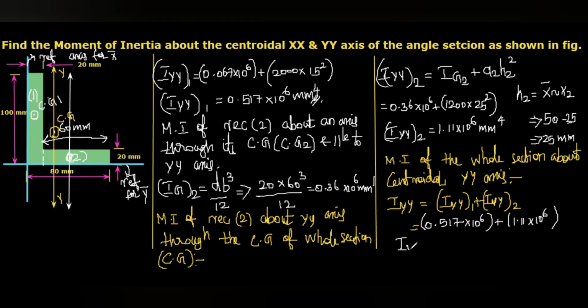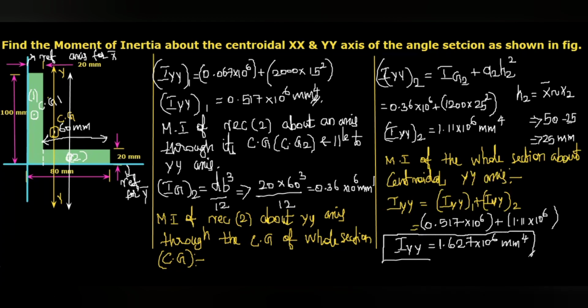When you add, we got the value of IYY equal to 1.627 multiplied with 10 power 6 mm power 4. So this is the moment of inertia of the whole section about the centroidal axis YY.